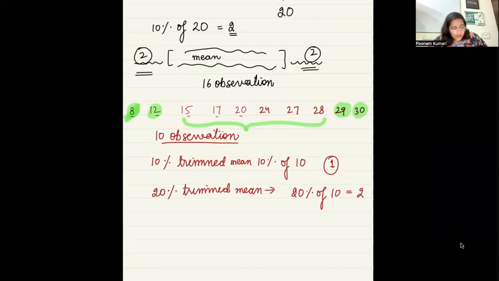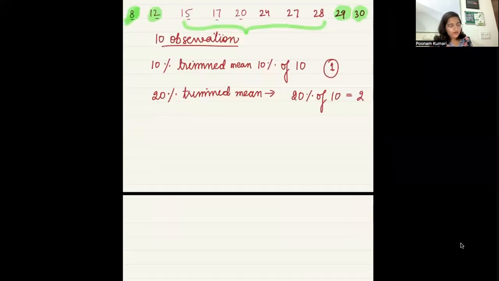All right. Now, sometimes let's say somebody says you have to find the 15% trimmed mean. Then what do you do? What is 15% of 10?